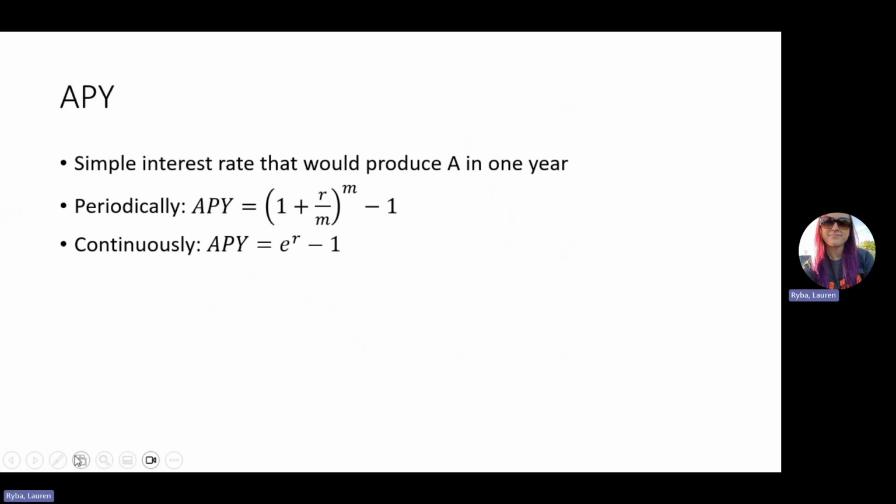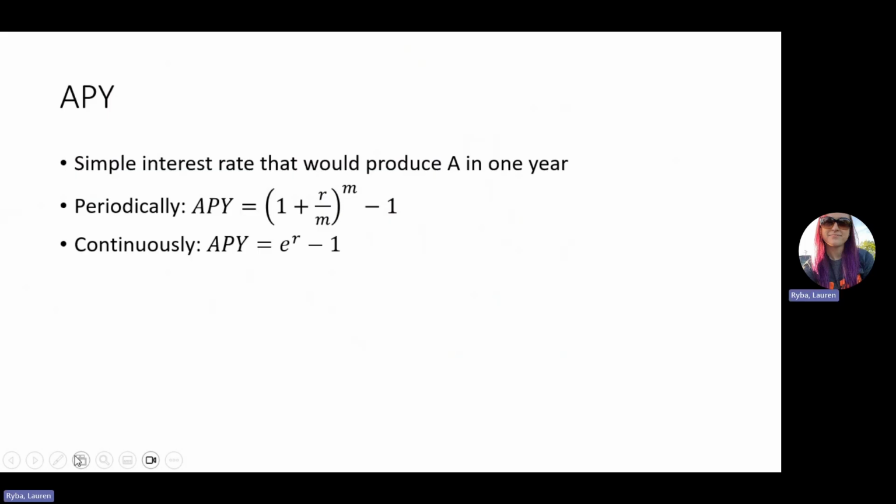When you go to a bank, they give you the APR, the annual percentage rate, and that is what we are plugging into all of our formulas. When they say you're earning 2% compounded quarterly, that 2% is their APR.